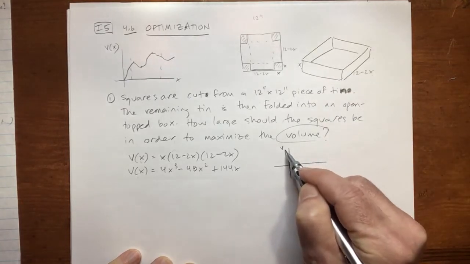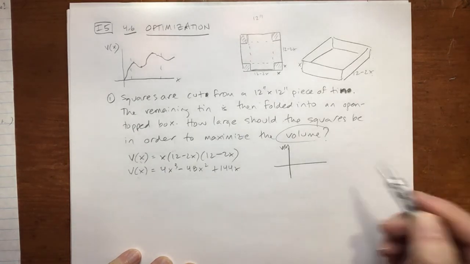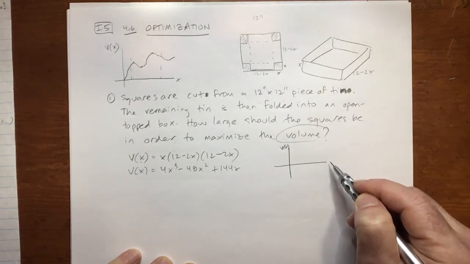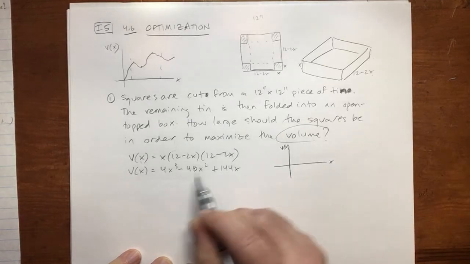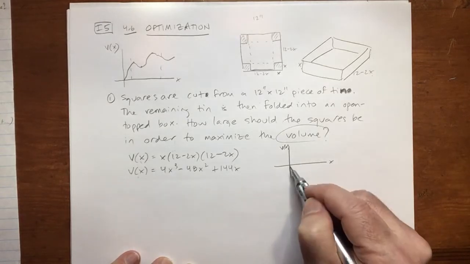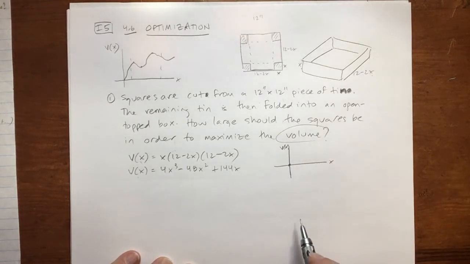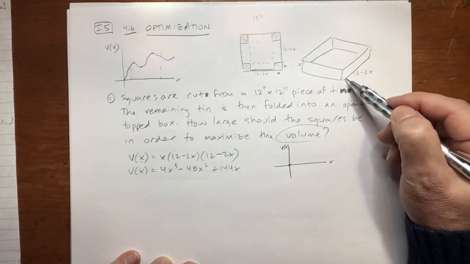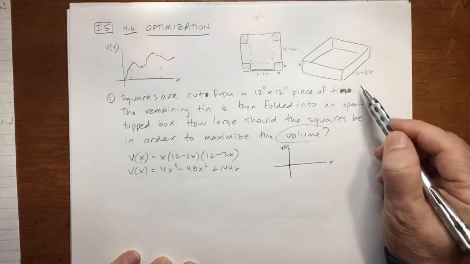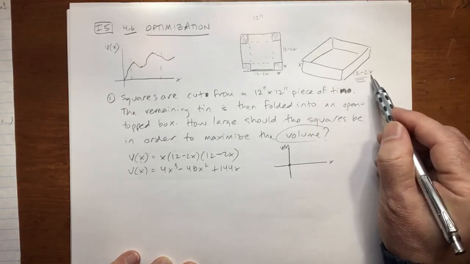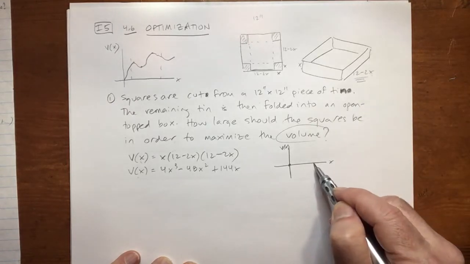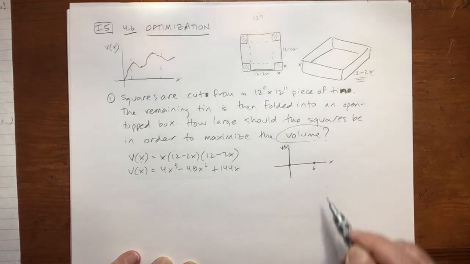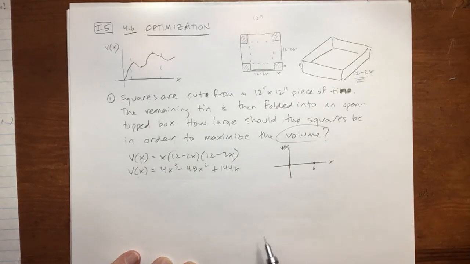So if I'm graphing this cubic, I know one point is 0, 0. But the volume would also be 0 if this side length is 0, and the side length would be 0 when x is 6. So I know I have another x-intercept at x equals 6.